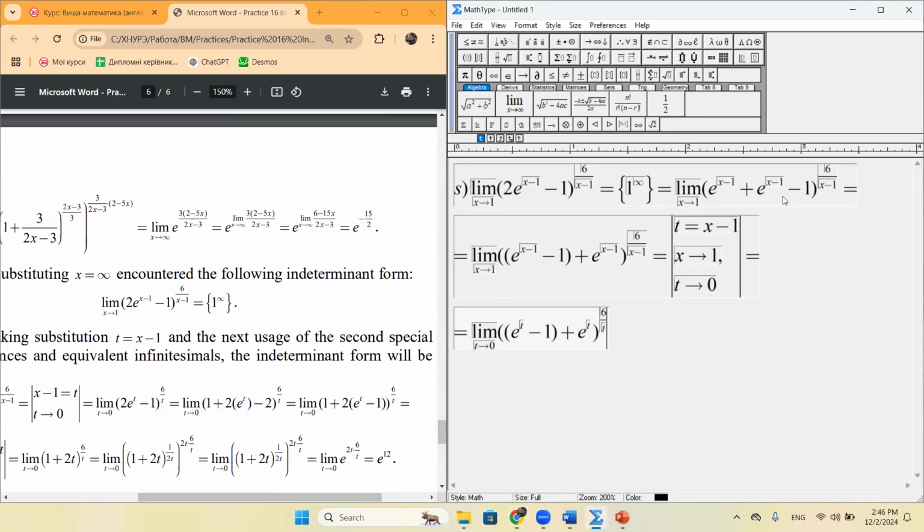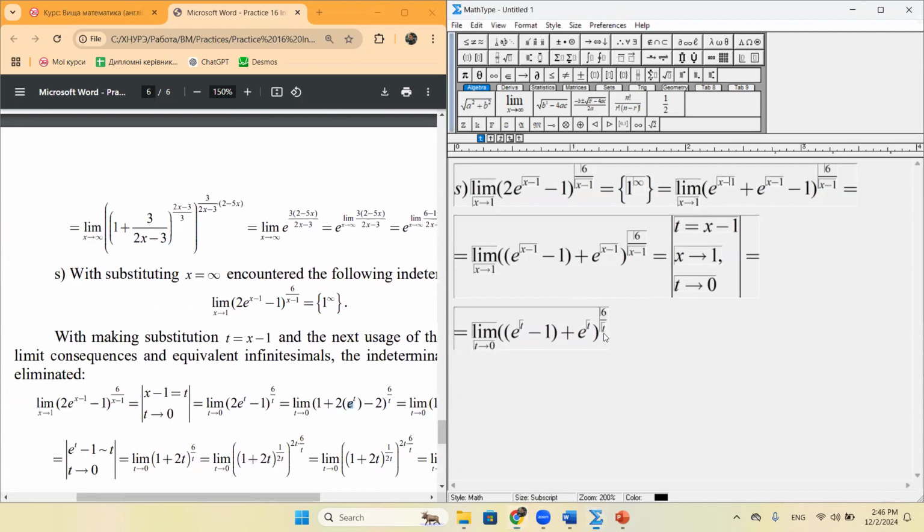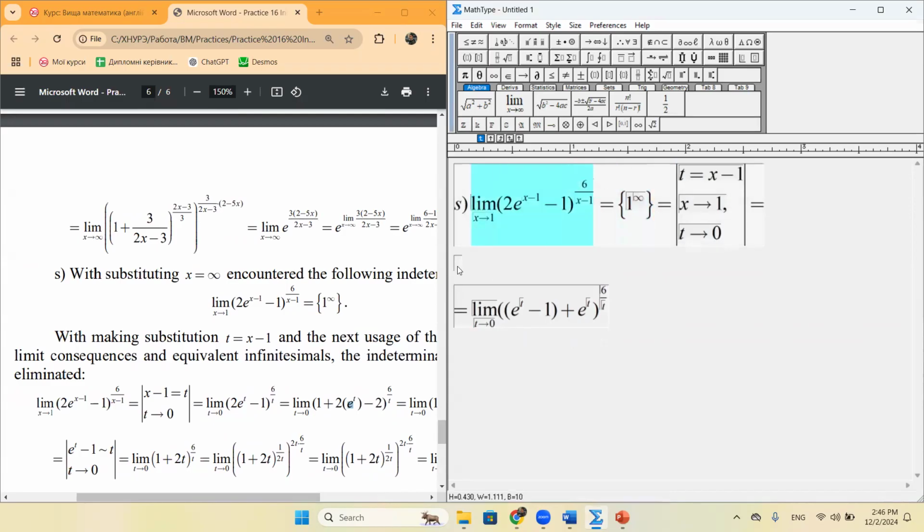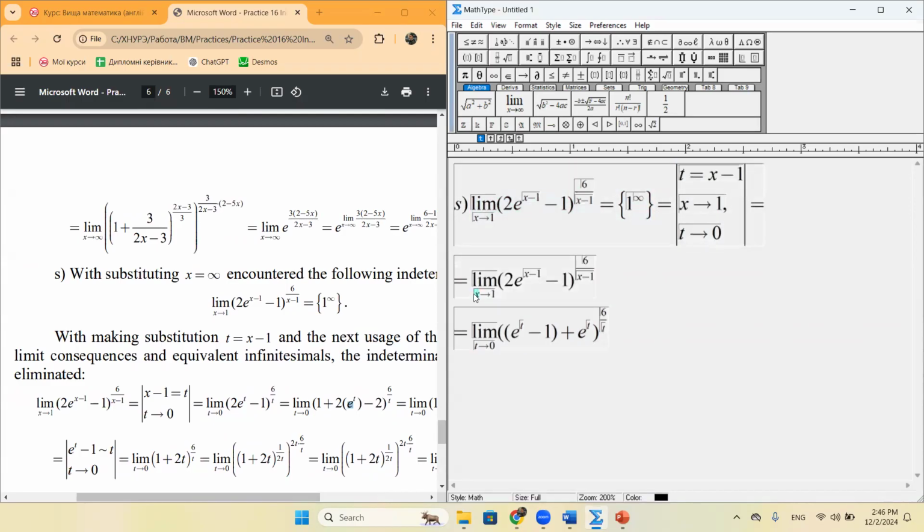So what basically I had to do? So the next transform. Yeah, first of all, just making the substitution would be a good idea, and then performing other actions. Just forgot a little bit.